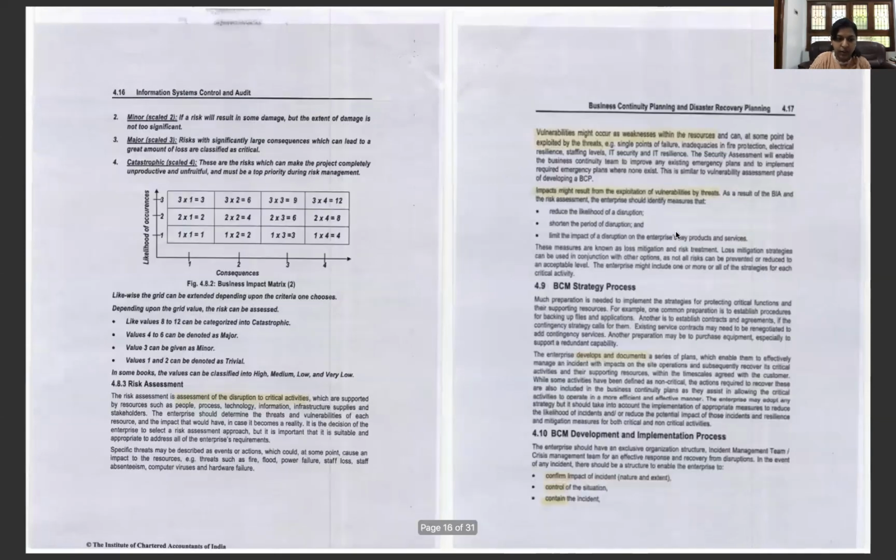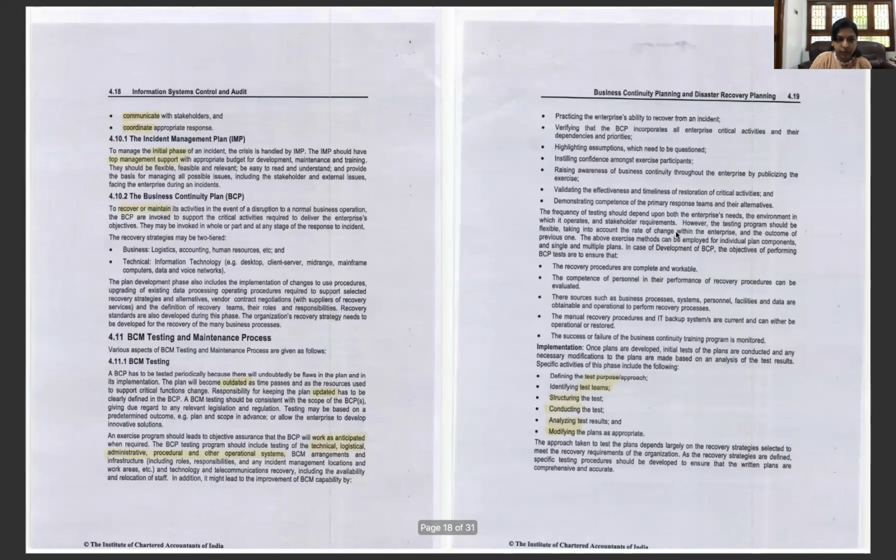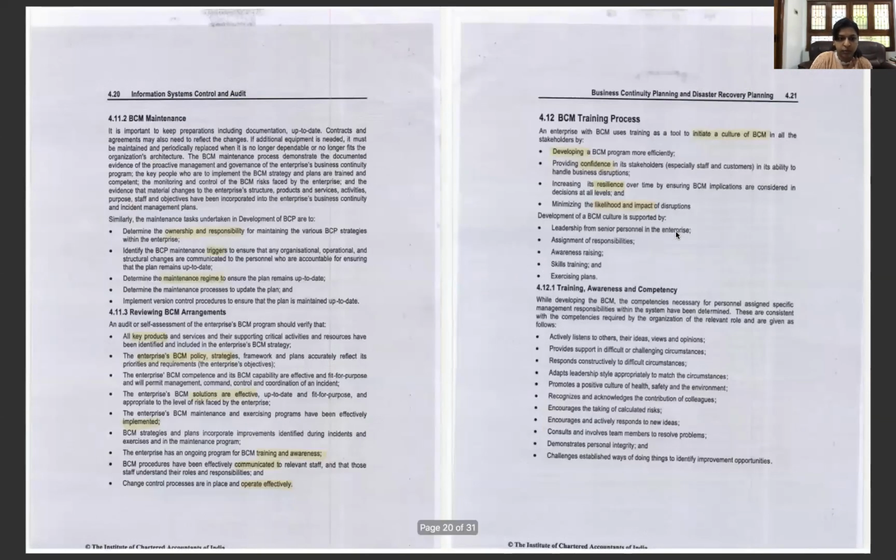Starting with that, we'll have to identify what the key products and services are. We'll start here: what are the policies and strategies? Enterprise policies and strategies, same as objectives. And then activities, functions and roles and resources.